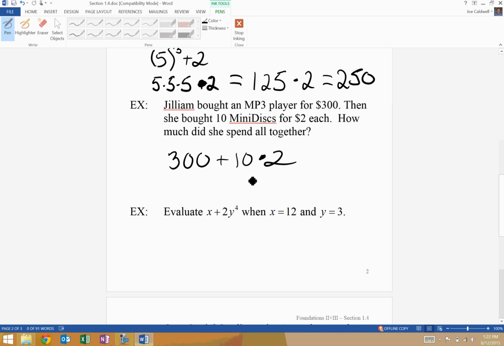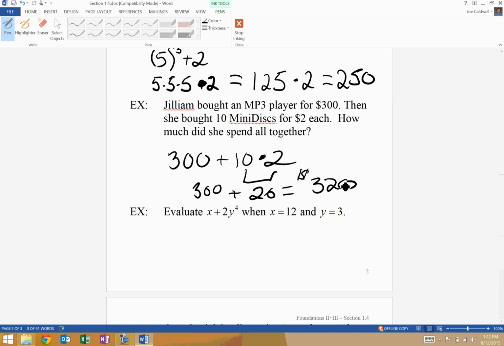What do we need to do first? Multiplication is our first order of business, and then we add the 300. You have to do the multiplication before you tack that on. So you have a final cost of 320.